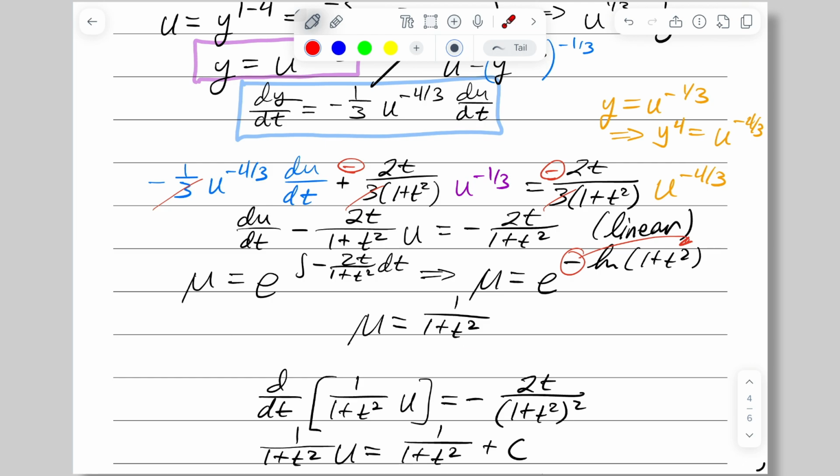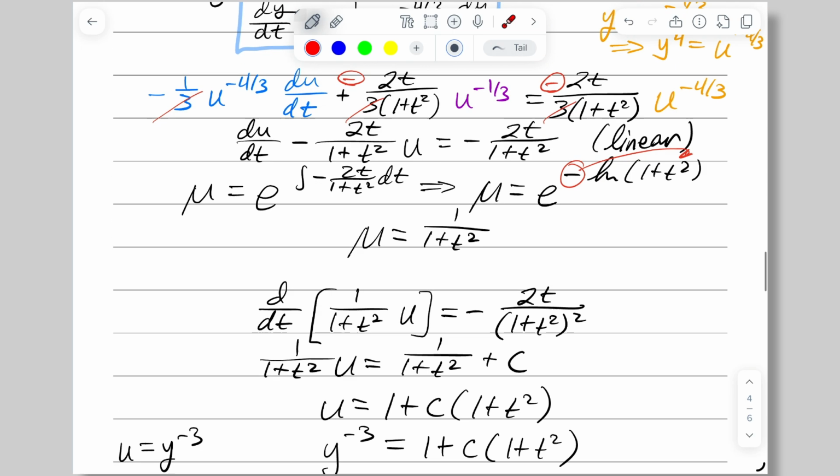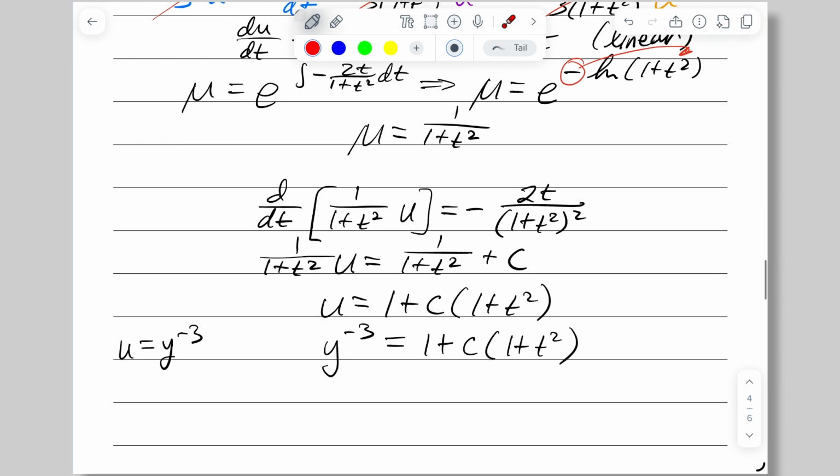We multiply both sides of the linear equation by that. On the left-hand side, we have the derivative of the quantity 1 over 1 plus t squared times u. And on the right-hand side, multiplying negative 2t over 1 plus t squared by the denominator 1 plus t squared gives us negative 2t over 1 plus t squared, the quantity squared, which we then integrate using the power rule.